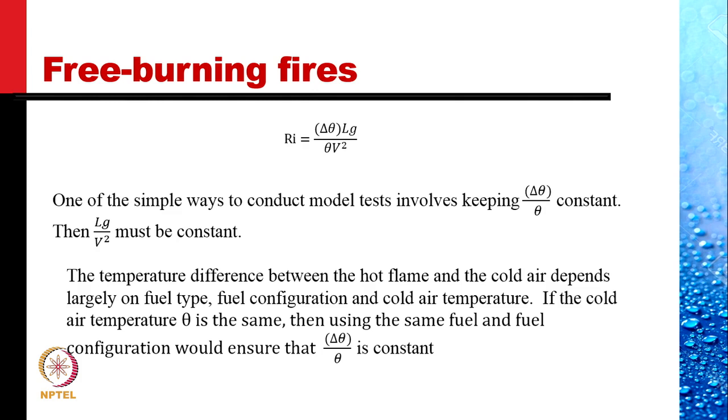The temperature difference between a hot flame and the cold air, that is delta theta, depends largely on fuel type, the fuel configuration, and the cold air temperature. If the cold air temperature theta is the same, then using the same fuel and fuel configuration, delta theta by theta is a constant. And if that is so, then Lg by V square would be a constant.